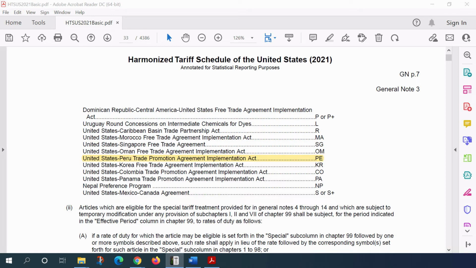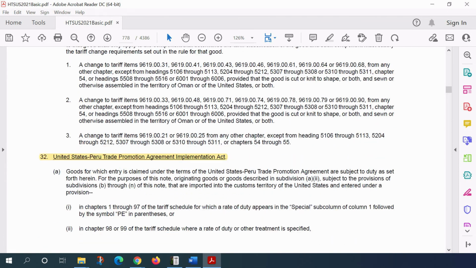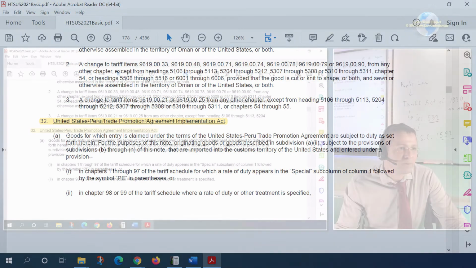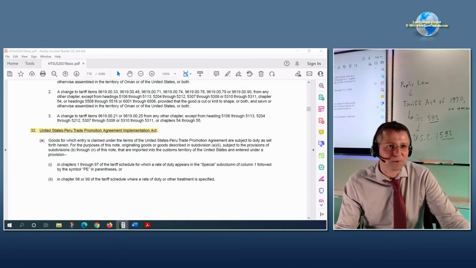And of course, in the case of Peru, another important page that I would dedicate a special tab for would be page 778, which deals with general note 32, which provides ground rules for the Peru Free Trade Agreement.